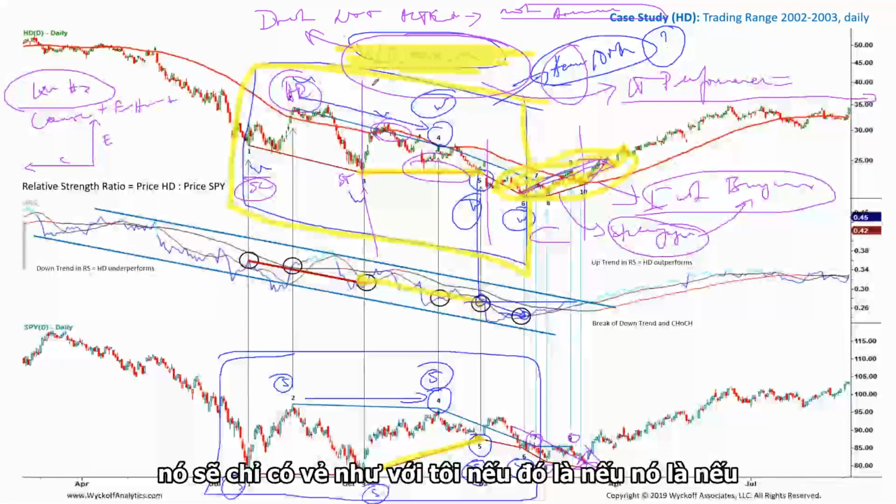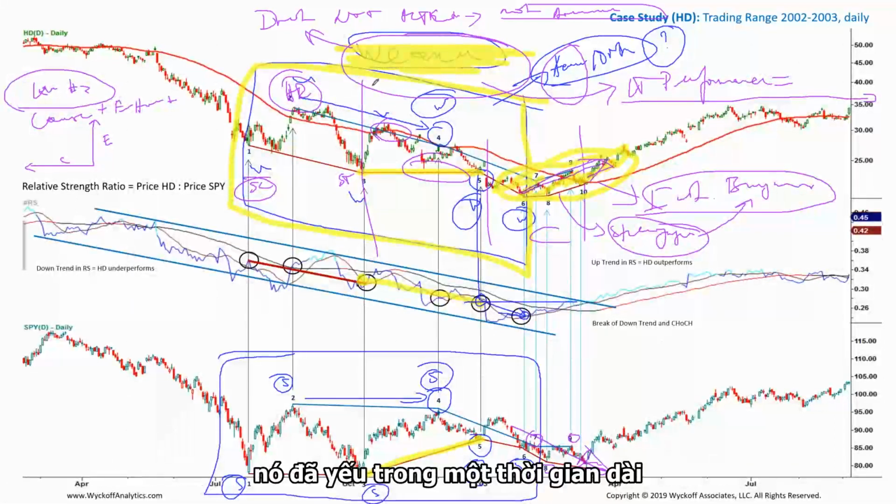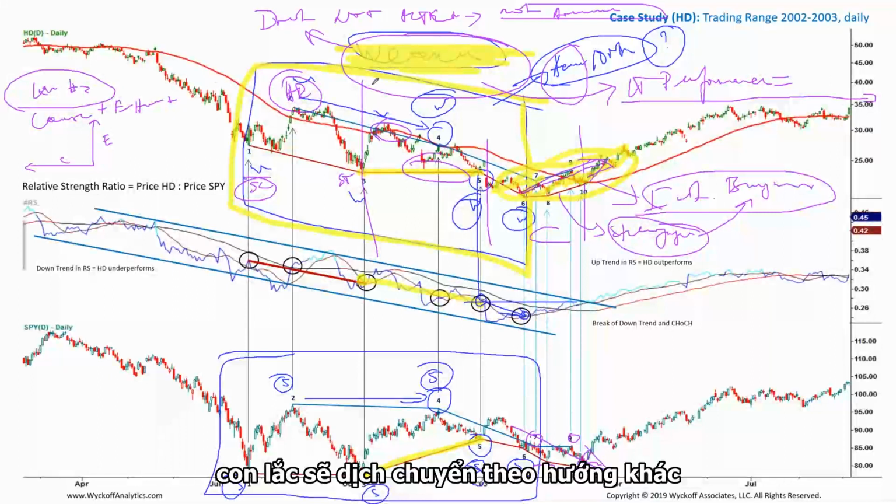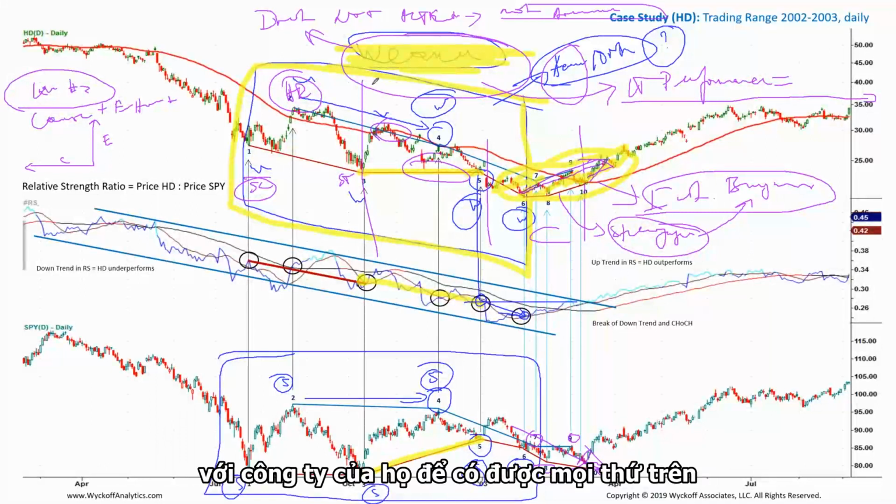Well, it would just seem to me if it's been weak for so long, that when you did start to finally see Home Depot compared to SPY start to show outperformance and show strength again, the pendulum is going to shift the other way, and this is probably going to end up being a leadership stock, and they've either figured something out with their company to get things on the right track.